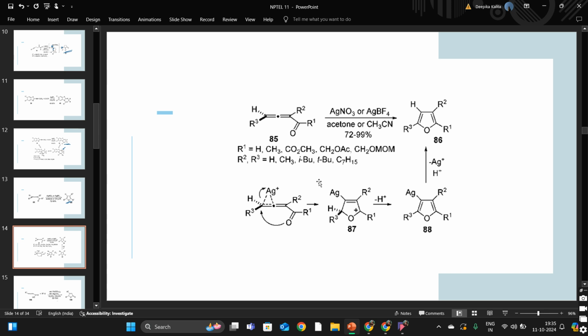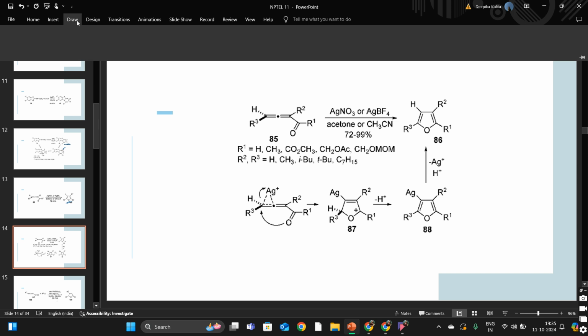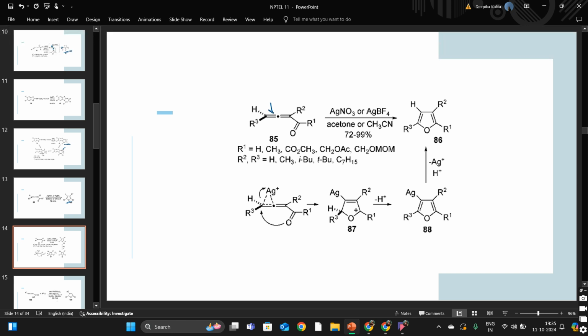So at first, silver is going to activate this carbon carbon double bond of the allene, and as a result, we are going to get a 3 membered cation intermediate of this type.